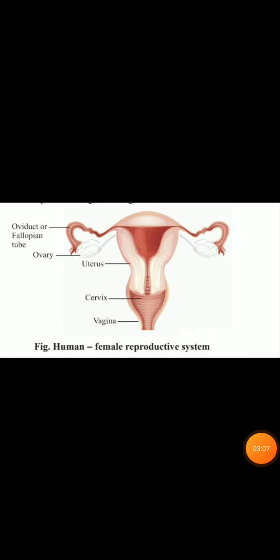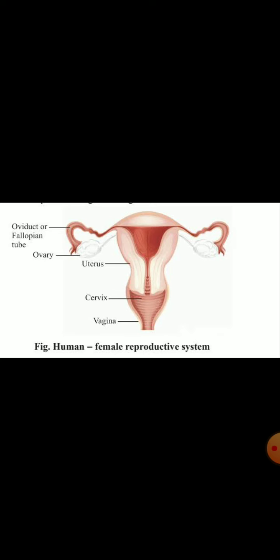When a girl is born, the ovaries already contain thousands of immature eggs. But when a girl reaches puberty, some of these immature eggs start maturing, and one egg is produced every month by one of the ovaries. Okay, so there are two ovaries.